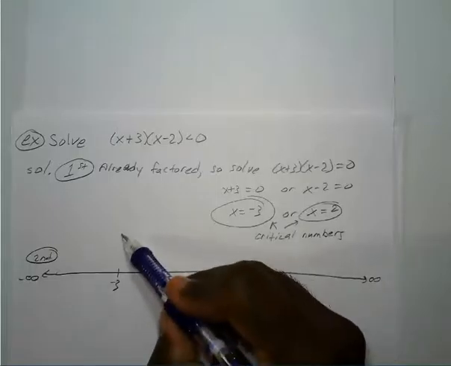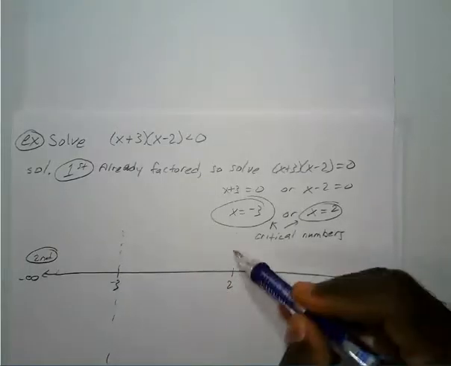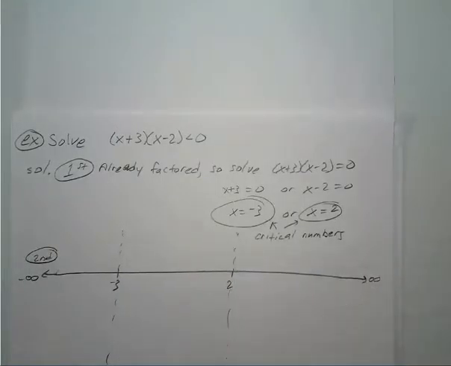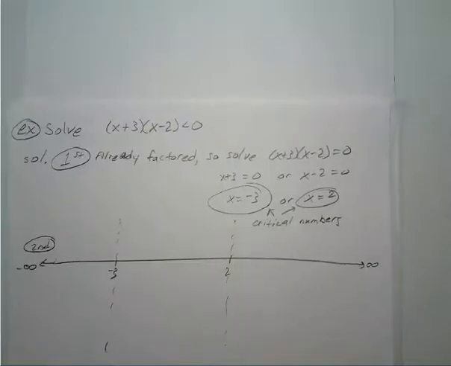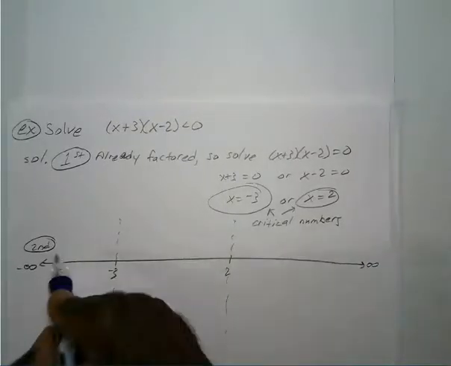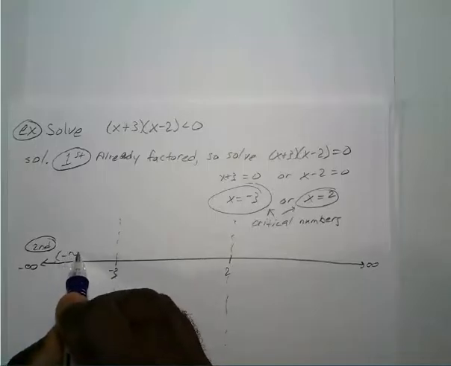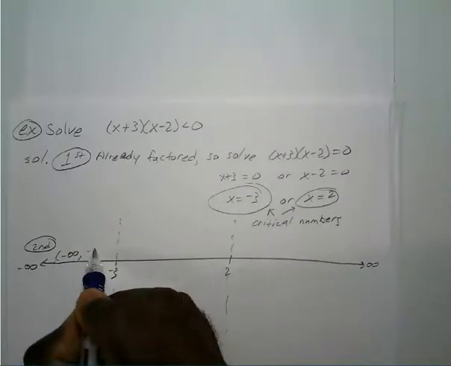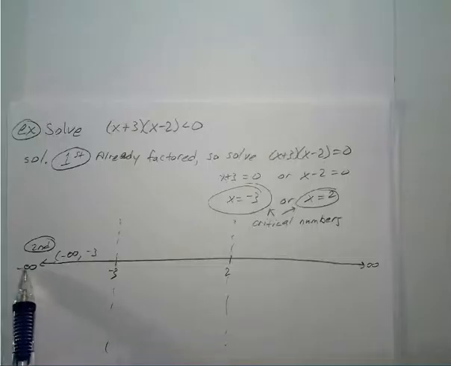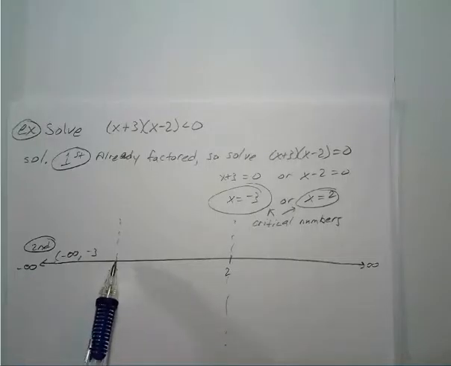What I usually like to do is draw a little dotted line between the two and identify what values are in each section. So this section covers -infinity to -3, so any number all the way from -infinity and stops at -3.